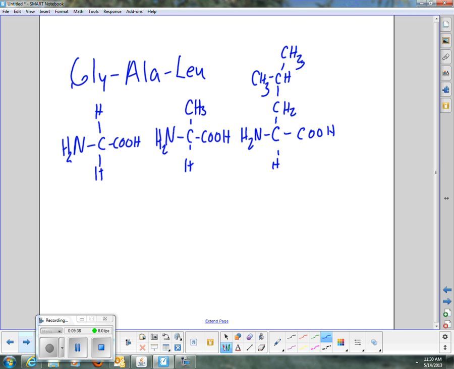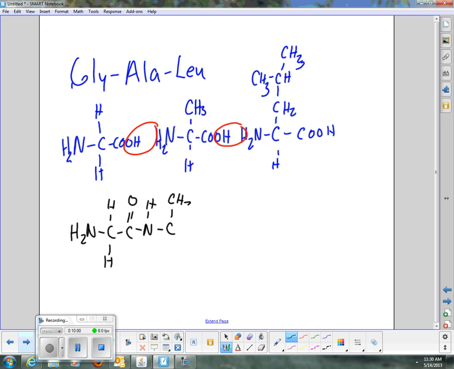So now what we've got to do is take the water out to make a peptide bond. So one hydrogen in the OH, one hydrogen in the OH. As I do that, I'm going to rewrite it. H2N C H H, C double bond O, N H C CH3, H, C, double bond O, N, H, C, CH2, CH, CH3, CH3, H, COOH.